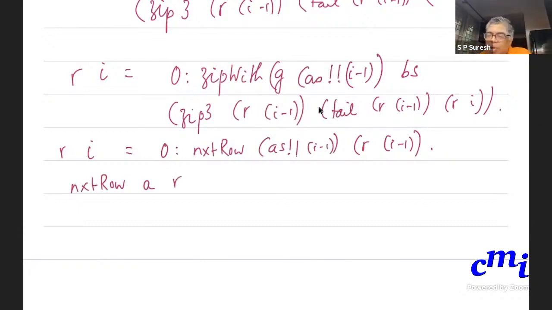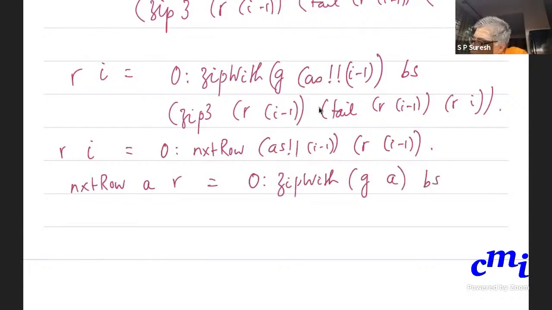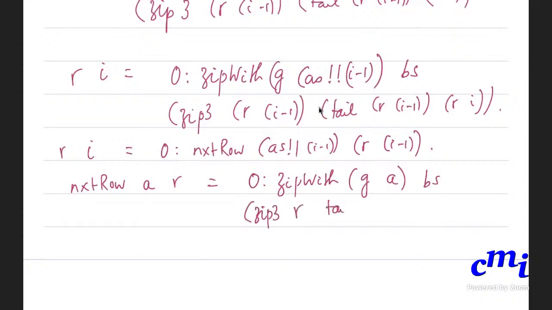Wherever I see R I minus 1, I'll put it as R. Wherever I see A at I minus 1, I'll make it A. So if I do it, it will become 0 followed by zip width of G of A on B's and zip 3 of R, tail of R, and then R of I.